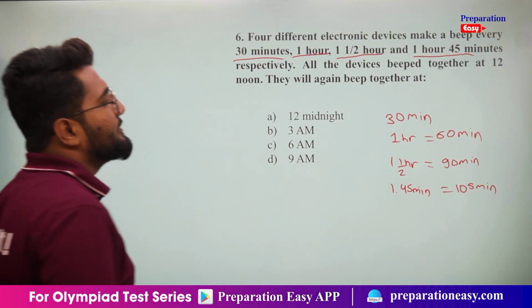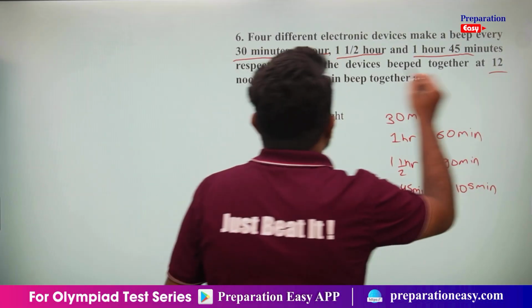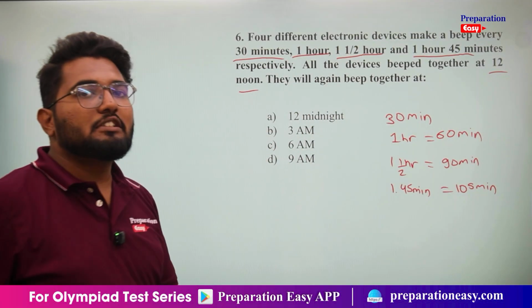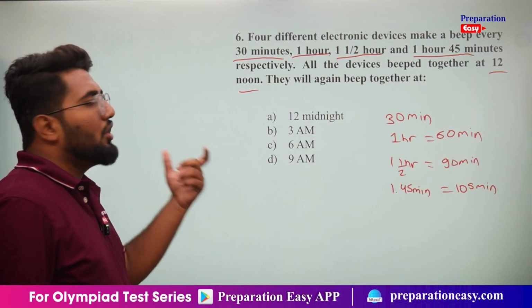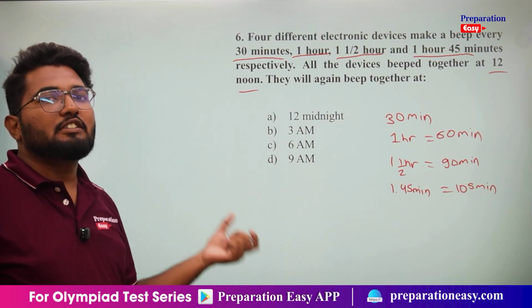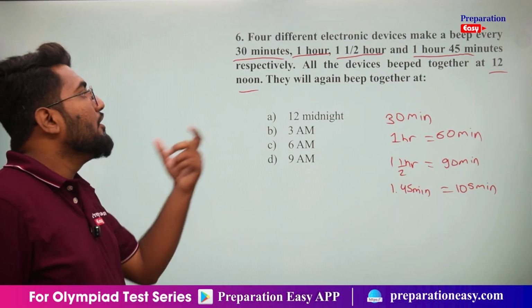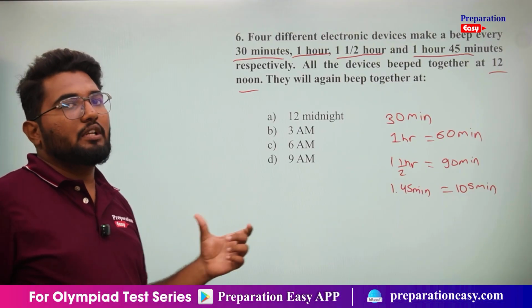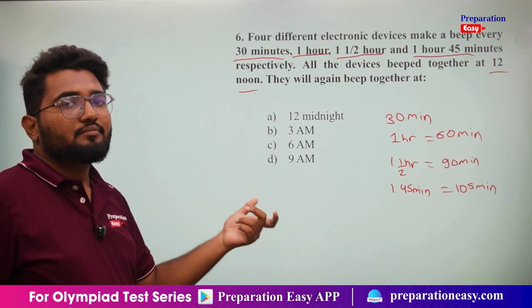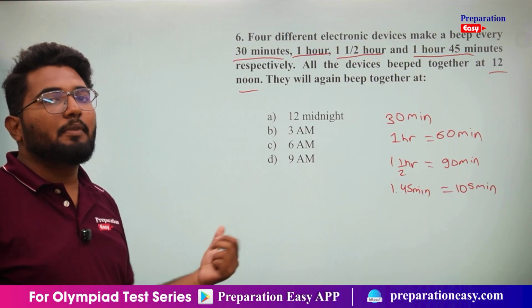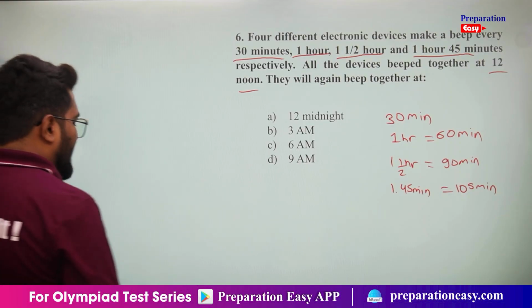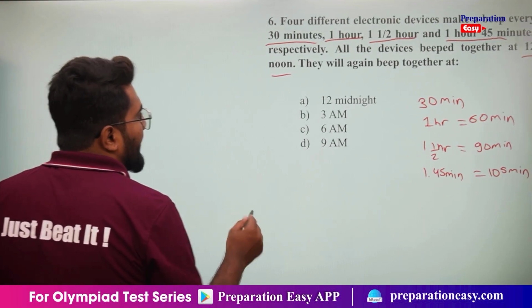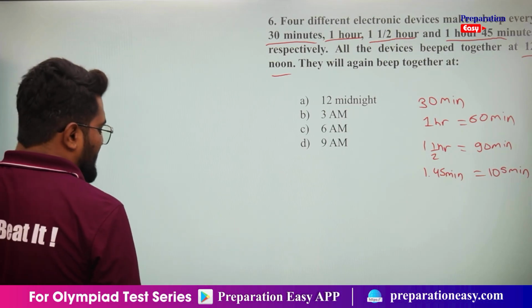All the devices beep together at 12 noon. 12 noon means 12 p.m. Then at what time will they again beep together? We have to find the next together beep time. So we will find the LCM of 30, 60, 90 and 105.